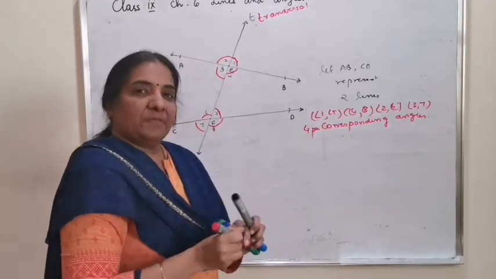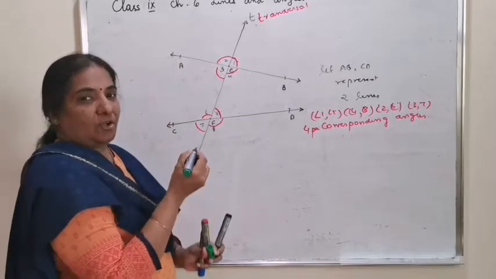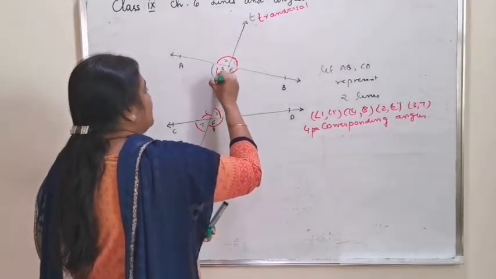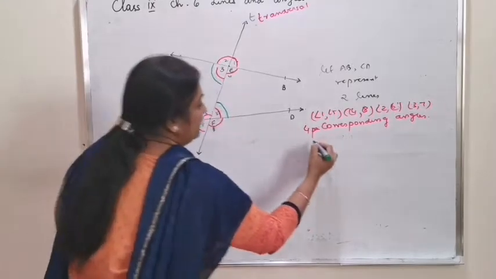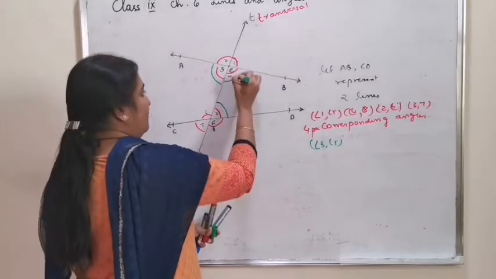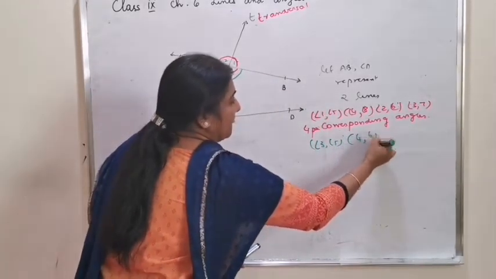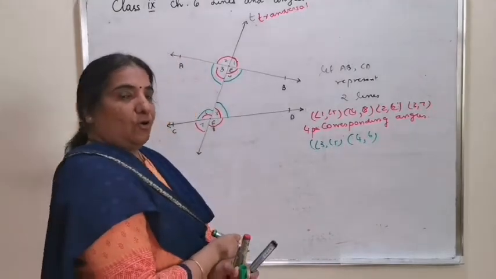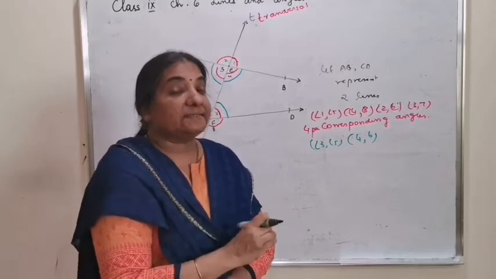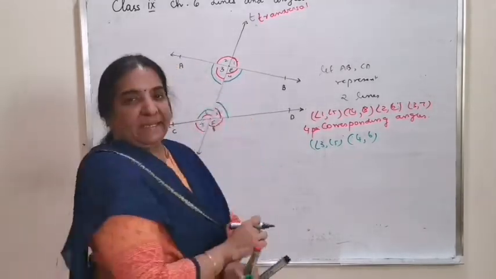And now again, if you take the angles in combination, what I am going to take as 3 and 5, the next combination of 4 and 6, they are on either side of the transversal and at the same time they lie in the interior of these lines.